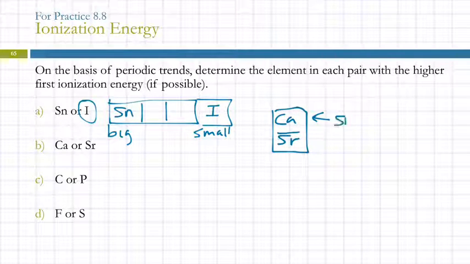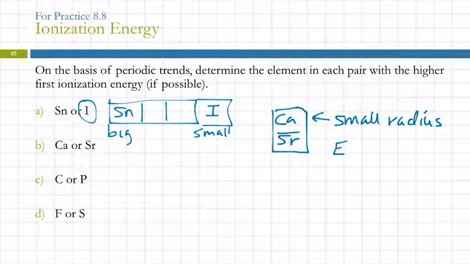This is the smaller radius. Those electrons are closer to the nucleus. Remember, energy is proportional to the charges, Q1 and Q2, divided by the radius. Big radius makes this term small energy. So smaller radius is the higher ionization energy, it's the calcium.